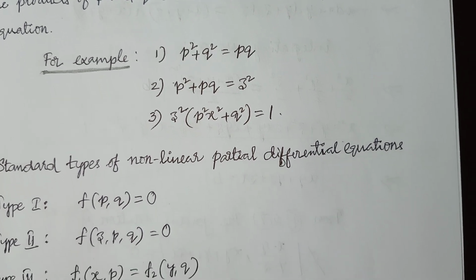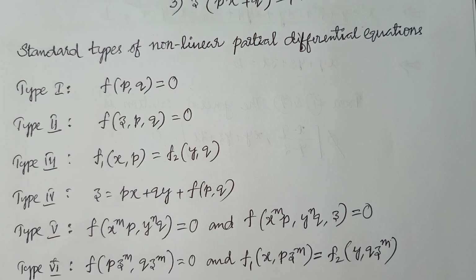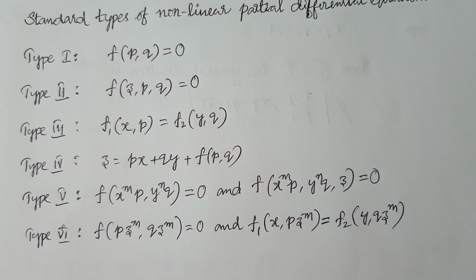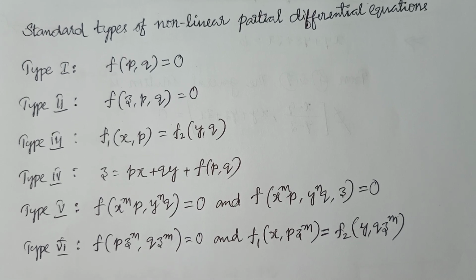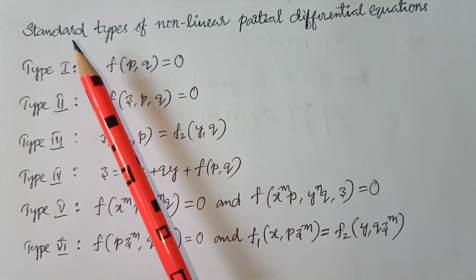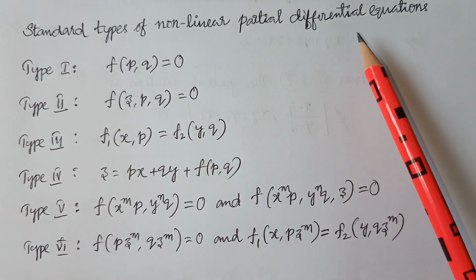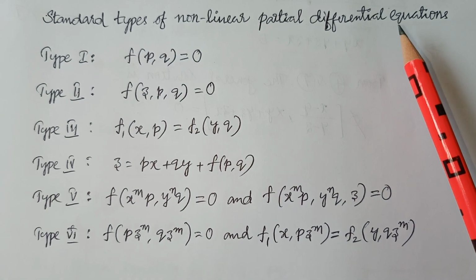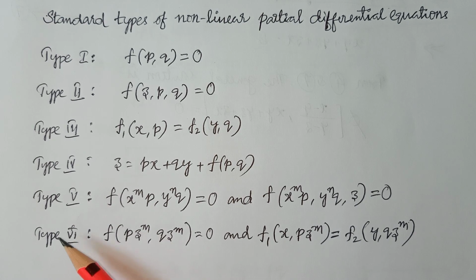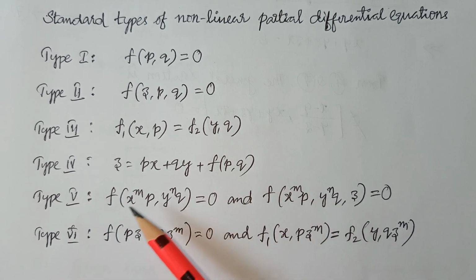In the non-linear case we have 4 main standard types of non-linear partial differential equations. Actually here I mentioned 6, but the 5th and 6th can be solved using transformations.